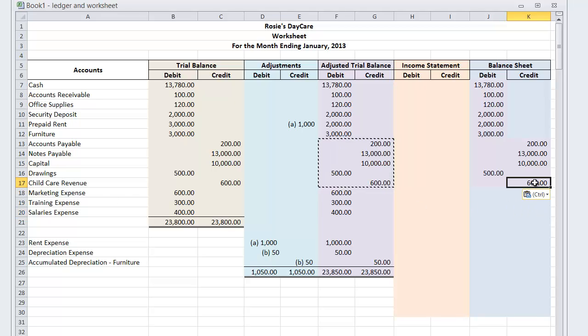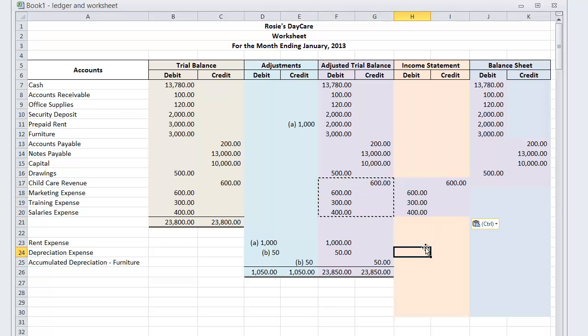Not the revenue, not the child care revenue. That's not there. But we all know that if it says revenue or expense, it is income statement. So we put it in the income statement, and yep, revenue, an expense, so we put it there.